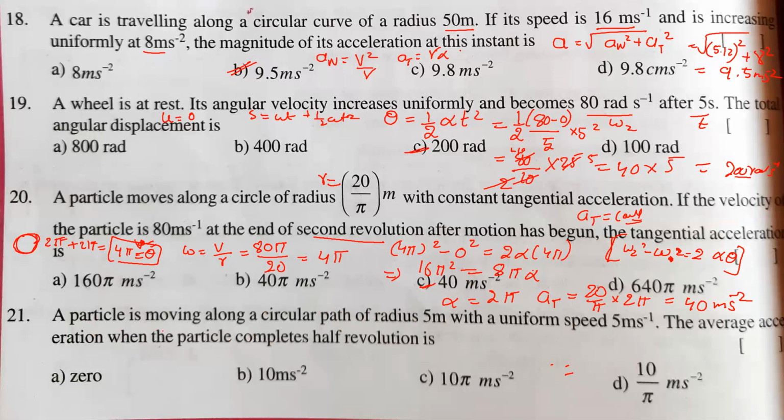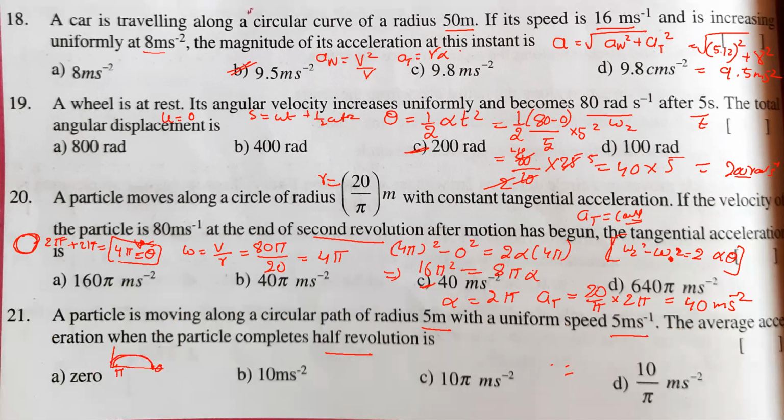Last problem. If a particle is moving along a circular path of radius 5 meters with a uniform speed of 5 meters per second, then find the average acceleration when the particle completes half of a revolution. That means a particle going like this in half of its revolution, from here to here, when it has covered, what is the angular displacement in this interval?